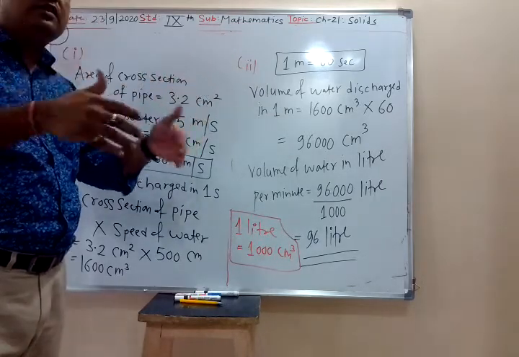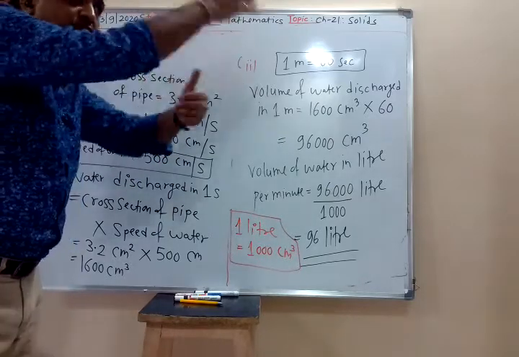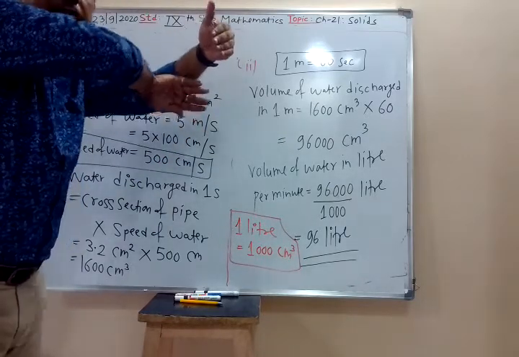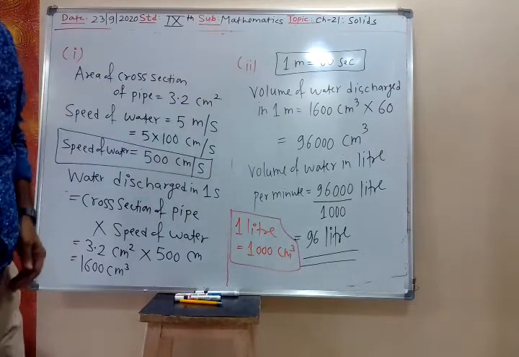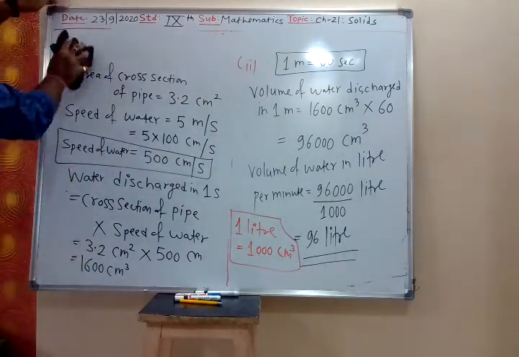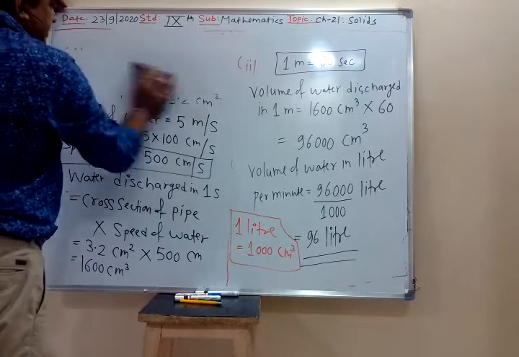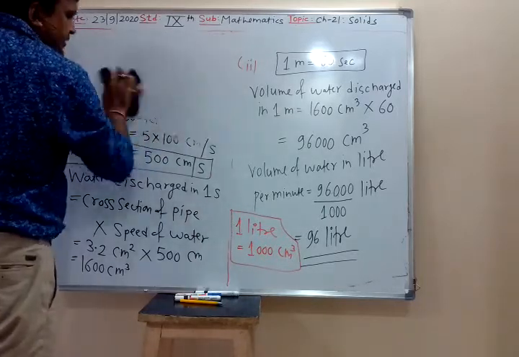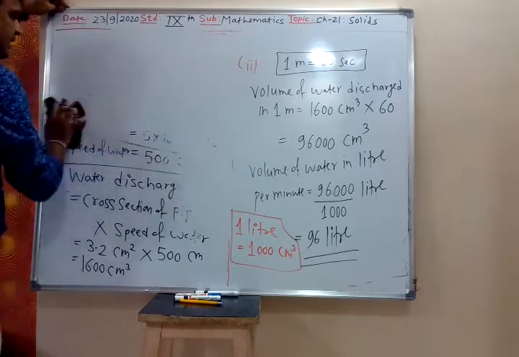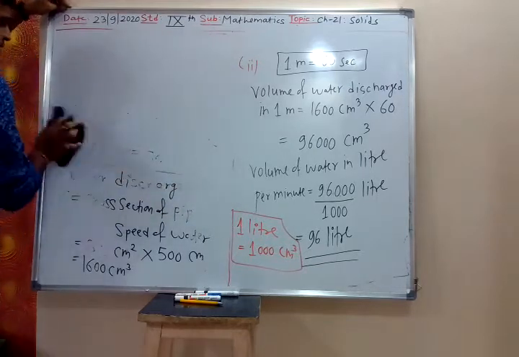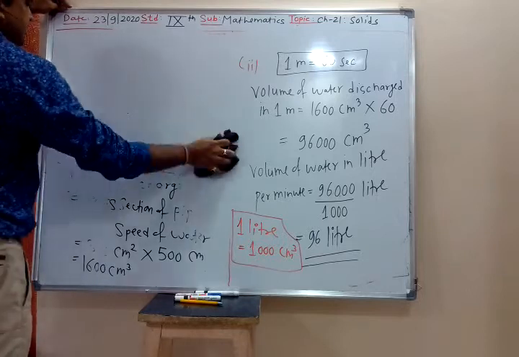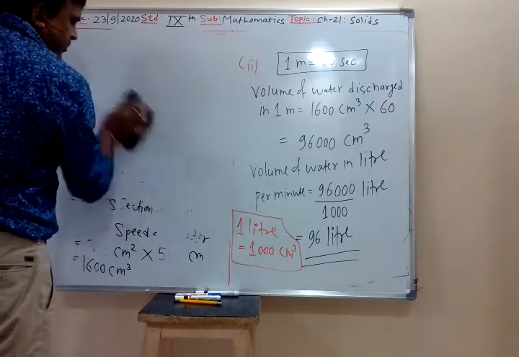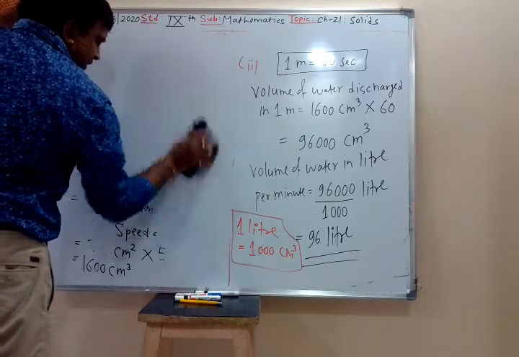The volume of water discharged through the pipe will be nothing but cross section area multiplied by speed of the water. I will tell you afterwards, because in this there is exercise number 21C also. So now let us, this type of problems are important, because this type of problems again you are going to visit in 10th standard also.